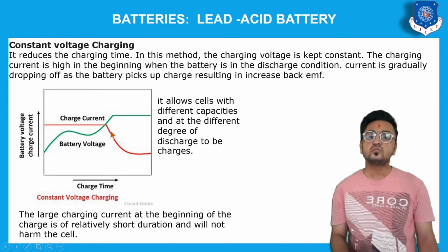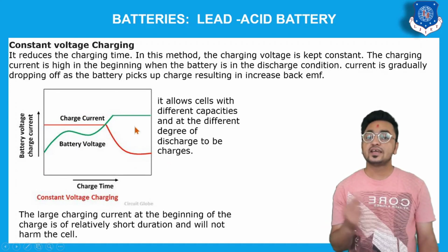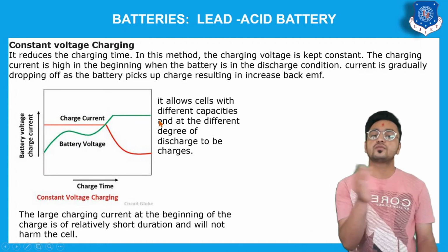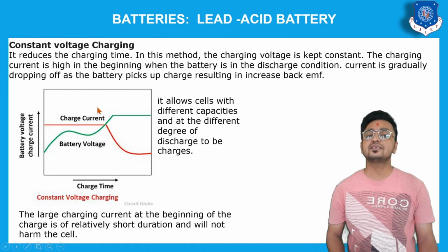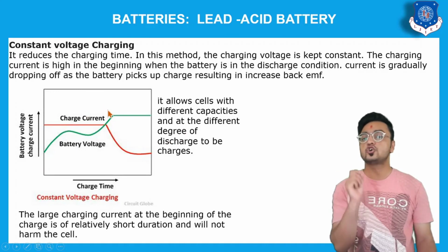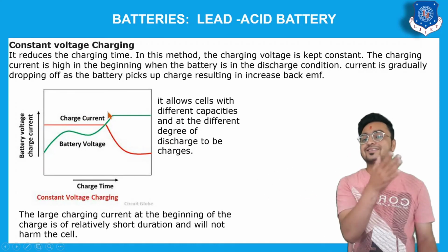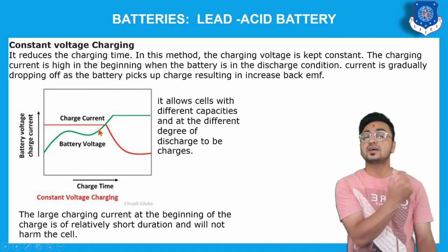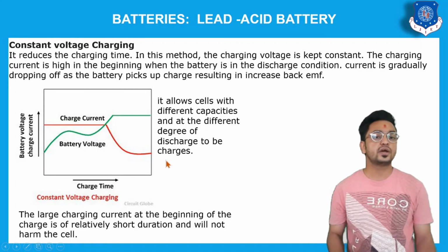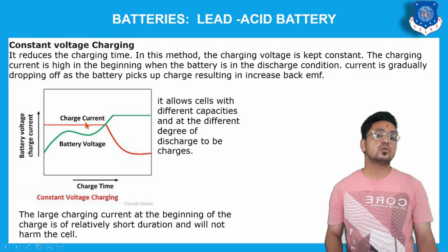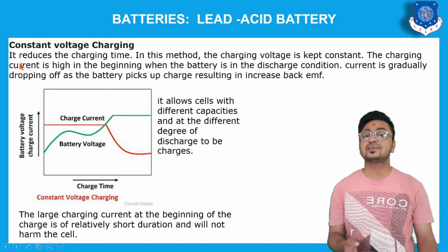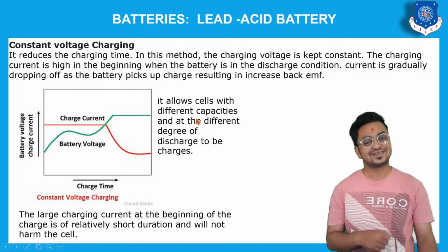After that, the charging current is decreasing, while the charging voltage is constant throughout. So we are not considering this time as it is a very short time period. For the rest of the time period, the voltage will be constant and the current will be low compared to the initial current over here. But as I mentioned, one of the advantages of this method is that it reduces the charging time.